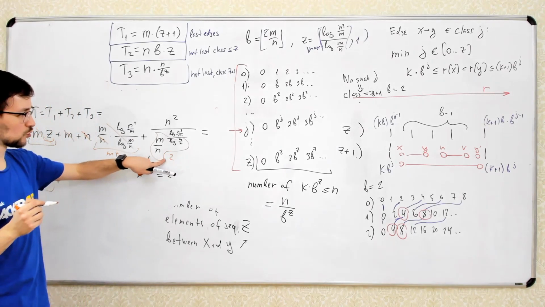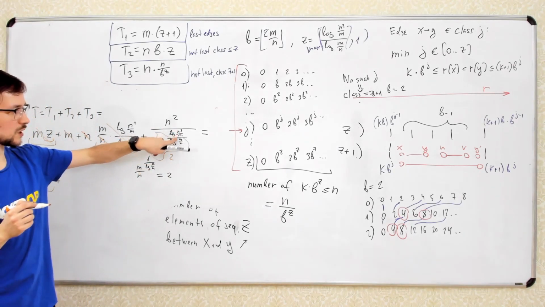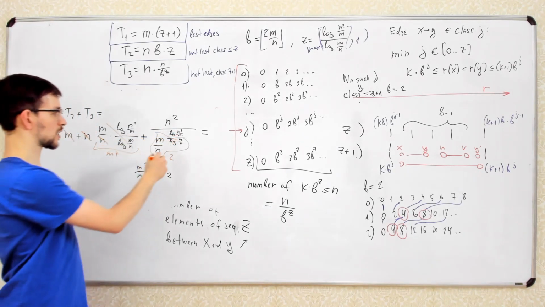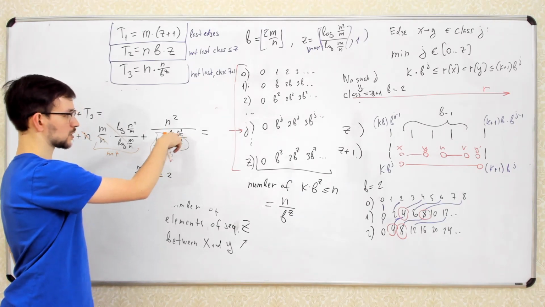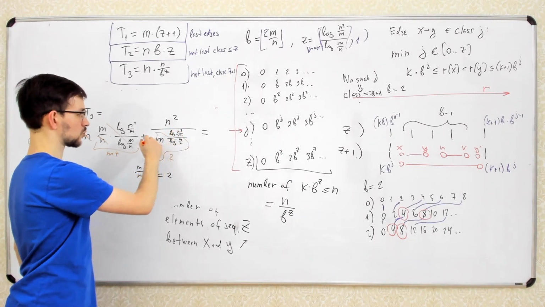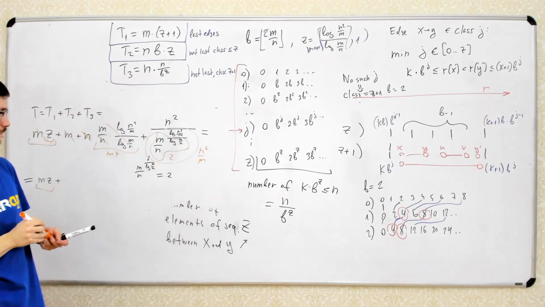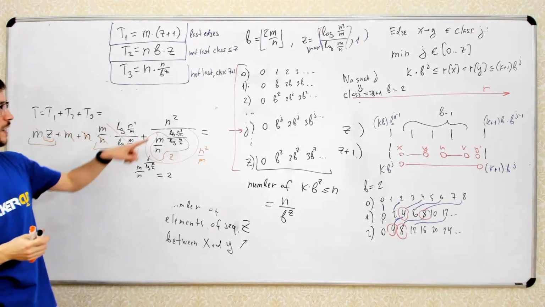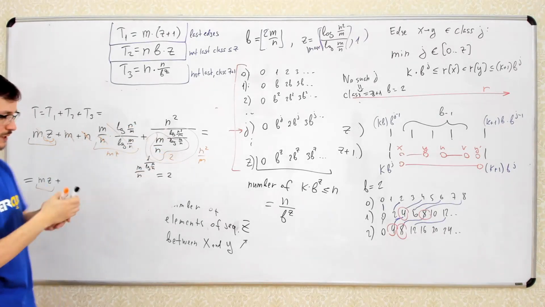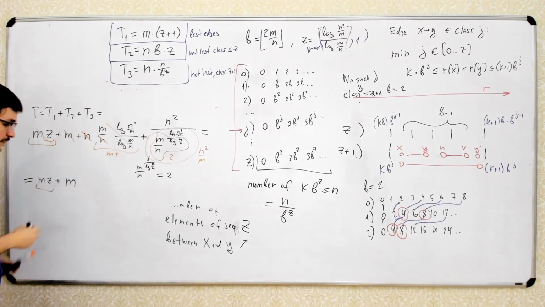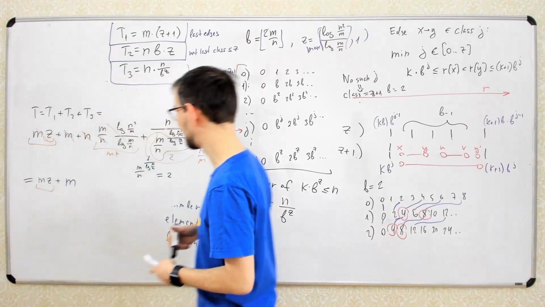And now you have 2 in the power log of n squared over m, so this all is n squared over m. And now you divide n squared by this and you have m. Yeah, fine.